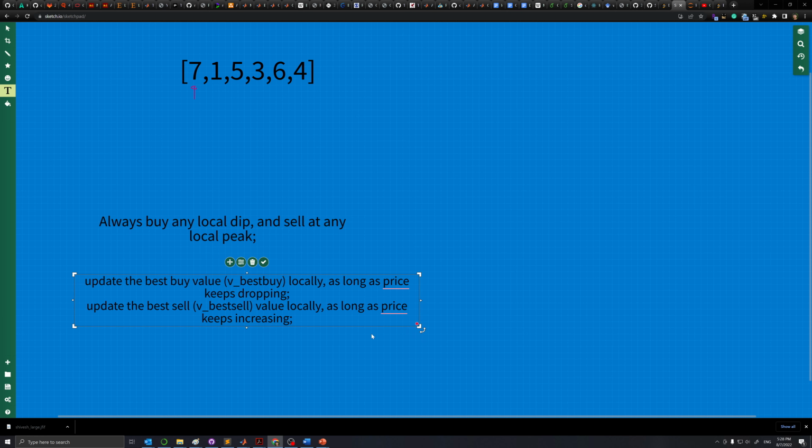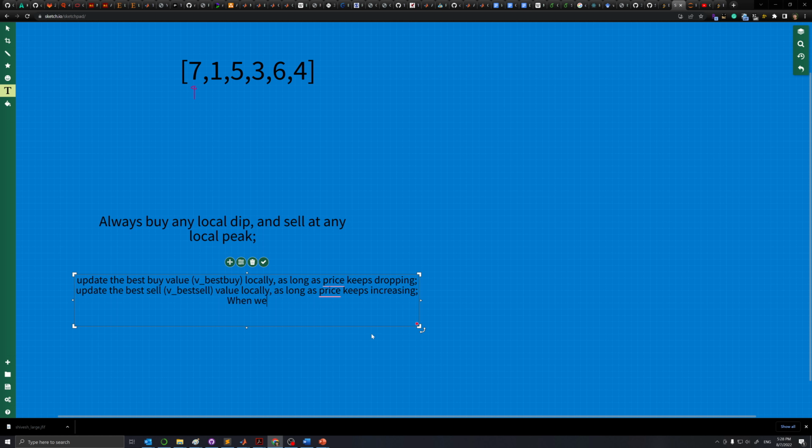How do we reset when we are over a dip? If we found a new dip somewhere, we will reset V best sell, because any best sell value remembered from the past doesn't matter anymore.